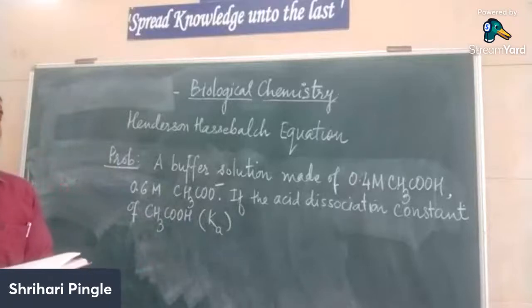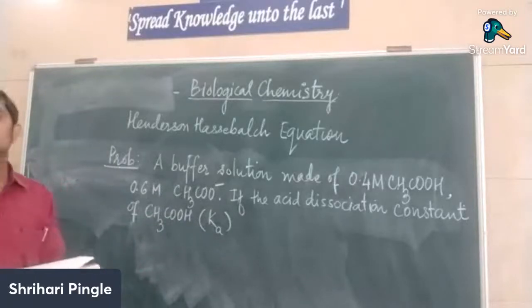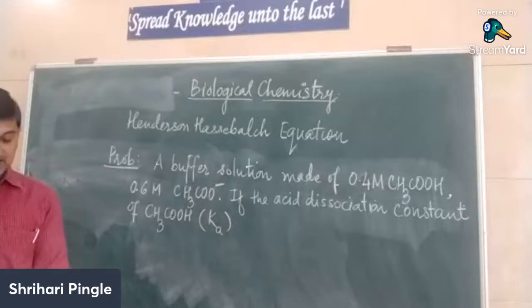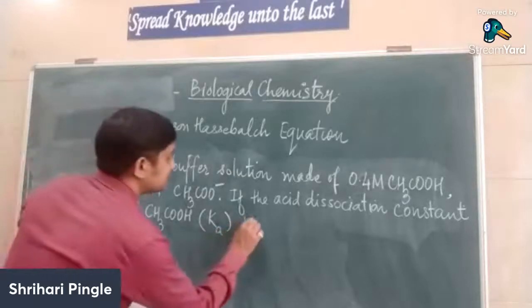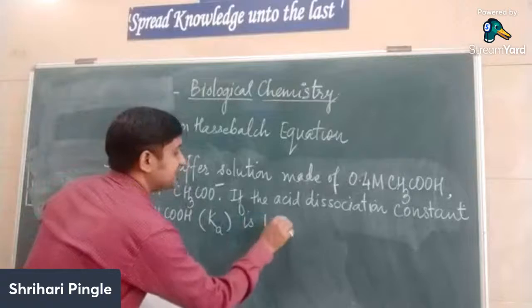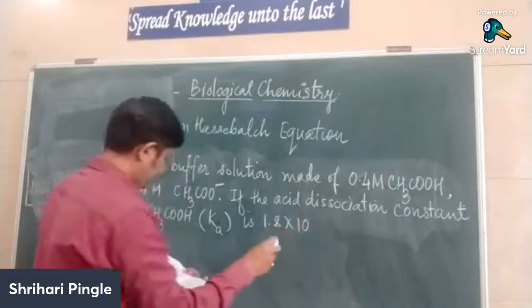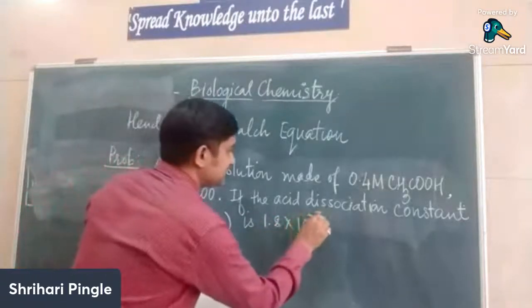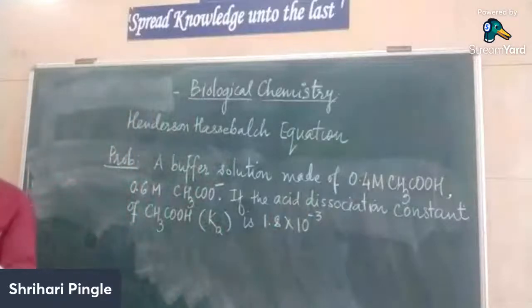So if the acid dissociation constant of acetic acid, that is Ka, is 1.8 into 10 to the power minus 3, this value is given.